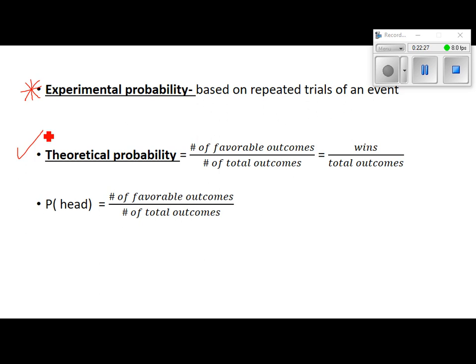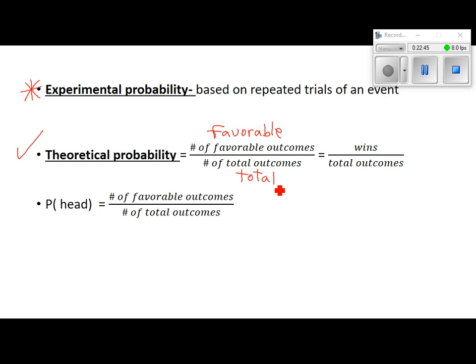And I wrote this a couple different ways. You could just write favorable over total. That's what probability always is. Favorable outcomes, what you want to happen, over total.